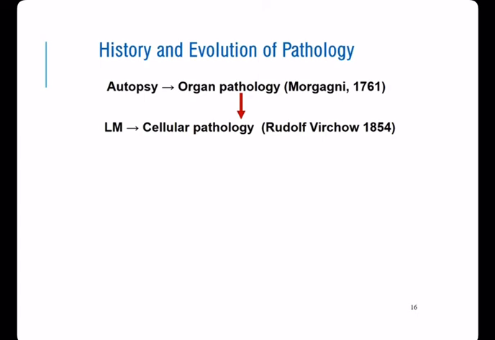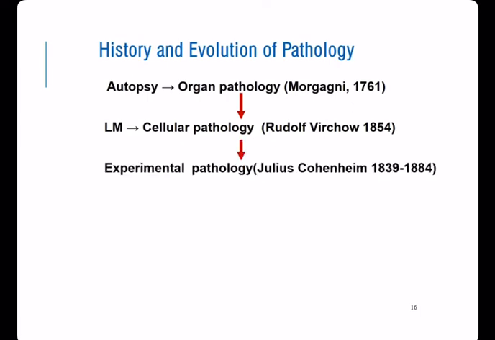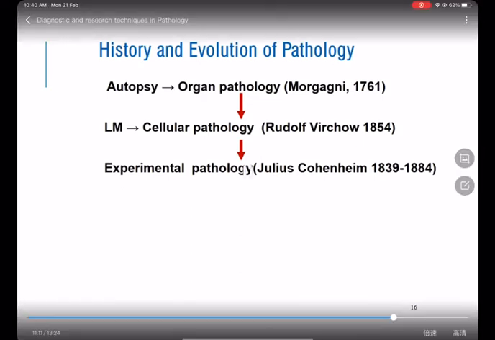He founded cellular pathology. Julius Cohnheim was one of the earliest experimental pathologists. He combined histology technique with experimental manipulations to study inflammation. Also, he pioneered the use of the frozen section procedure.